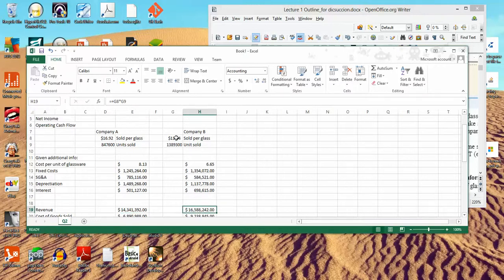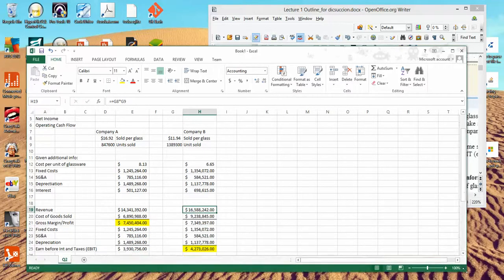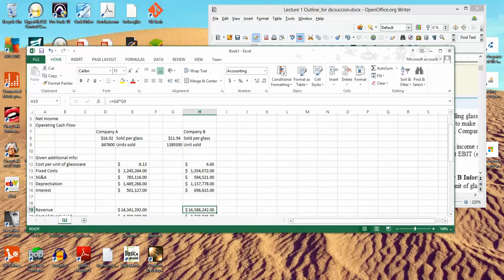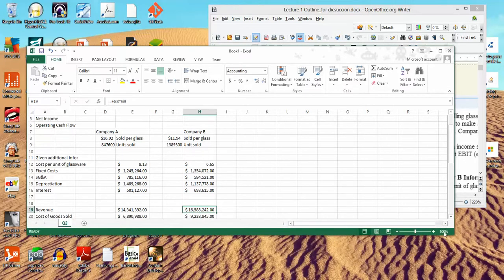Revenue is the number of units sold times the price I received. Cost of goods sold is simply the cost per unit times the units. You can see that, D12 times D9. There's H, the number of units, 1,389,300 times the cost to make each unit.